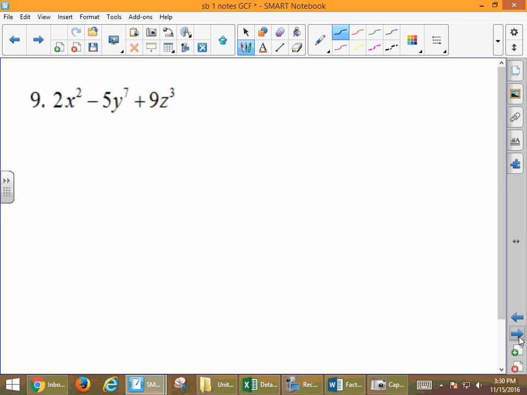It turns out that in our first term with the x squared, our second term with the y to the 7th, and our third term z cubed, we also do not have anything in common. So what happens when we don't have anything in common is that we say that this polynomial is prime.